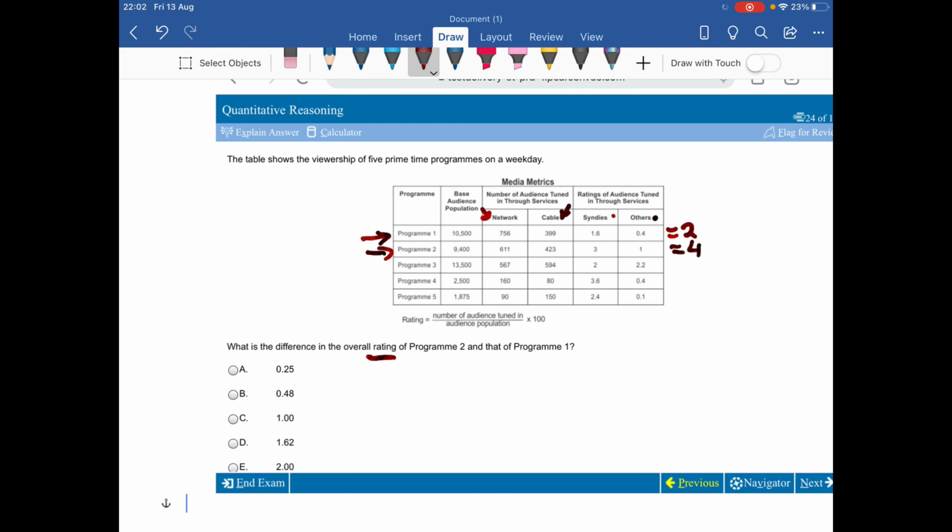So the thing is that with these kind of questions, it's very, very much with the speed that you do it in, and in terms of the accuracy as well. So for network, what you would do is just substitute.